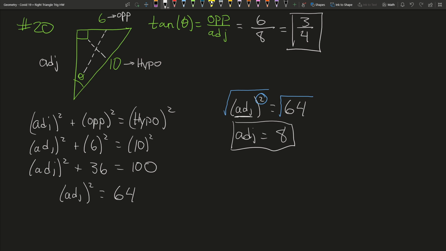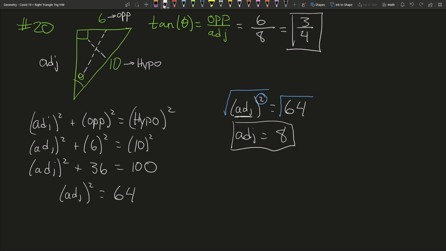Questions on that problem? When you first start doing the Pythagorean theorem, do we have to label adjacent, opposite, and hypotenuse? I've been using letter variables like x. I like to stay consistent, right?